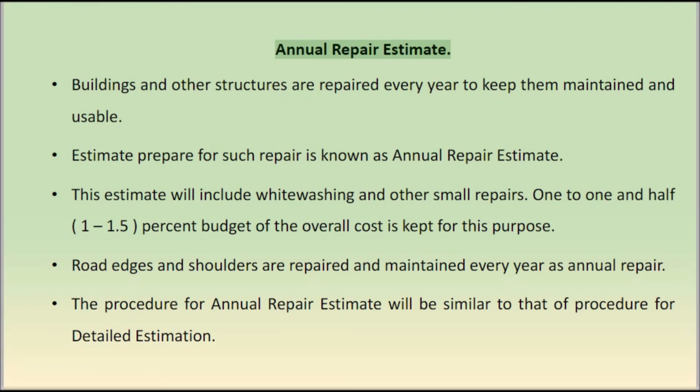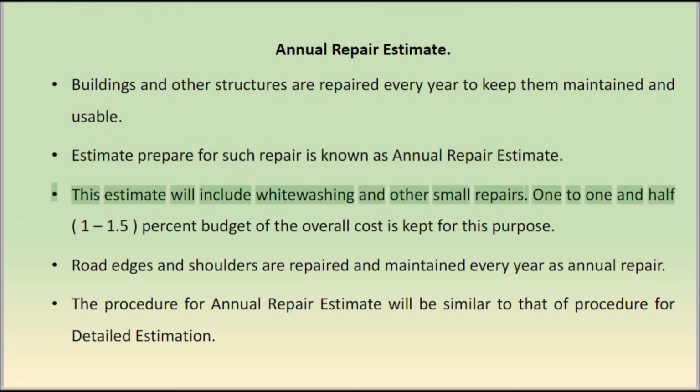Annual repair estimate. Buildings and other structures are repaired every year to keep them maintained and usable. An estimate prepared for such repair is known as an annual repair estimate.